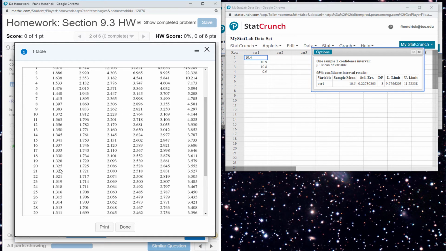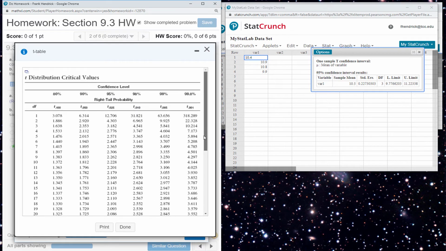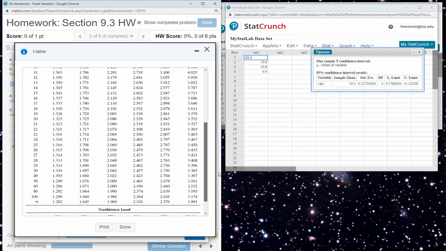So 20 is here. And there's 99 right there, confidence interval. Gives me a t-statistic of 2.845. So that's our t-statistic.